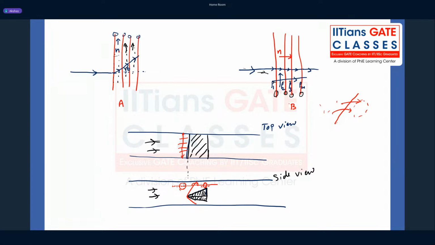So now in which direction, if I pass the light like this, in which direction does the light have to bend? Towards the top or towards the side?